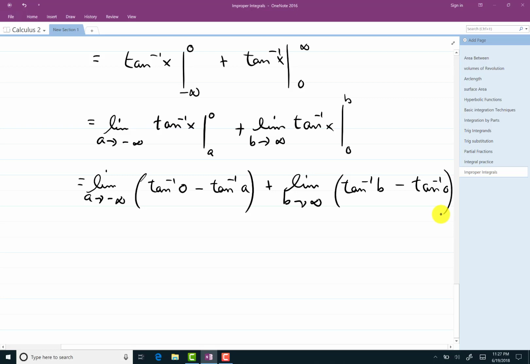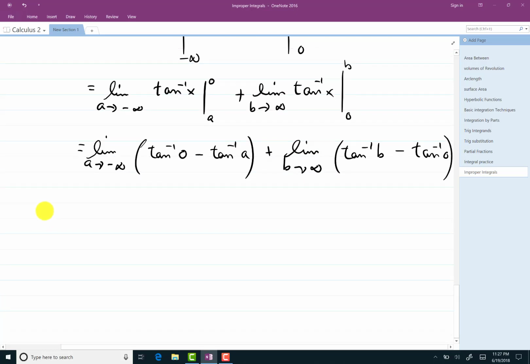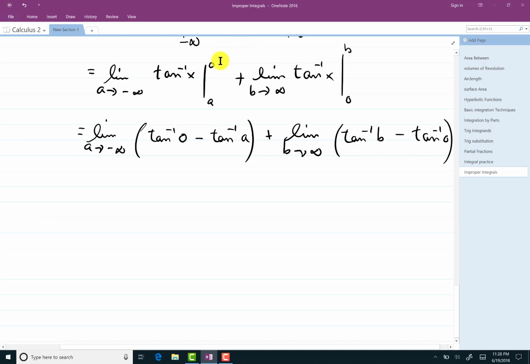Now if everything is on the up and up and all these limits exist, the part where you break the two pieces up is going to cancel anyway. You'll see. What is arctangent of 0 but 0? Now as a goes to negative infinity, arctangent goes to negative pi over 2.